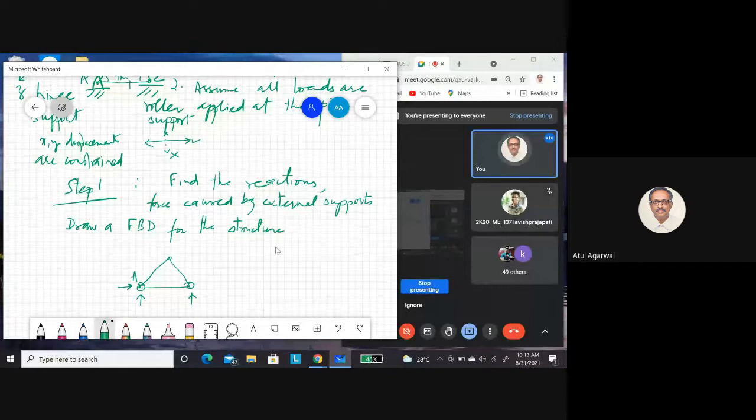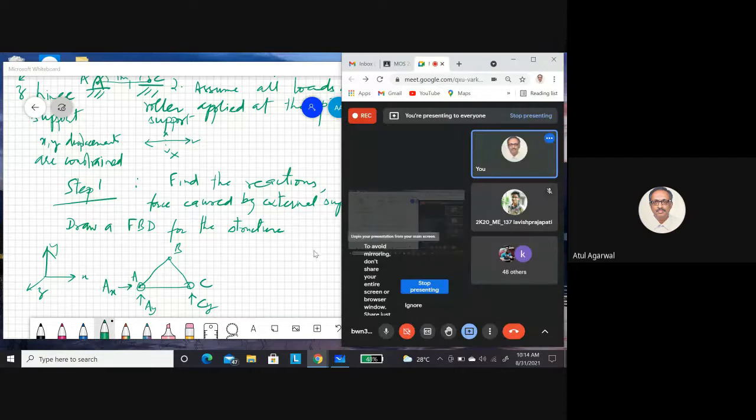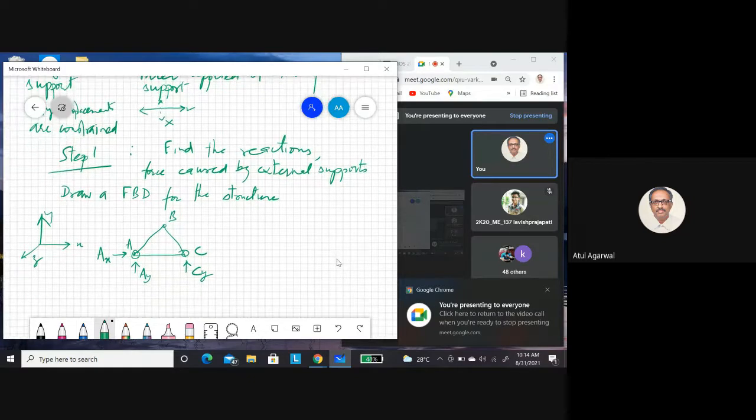So this was point A, B, and C, with my coordinate system. The force in x direction is AX, force in y direction is AY. Here there is a force only in y direction, CY. And you have the external force P.